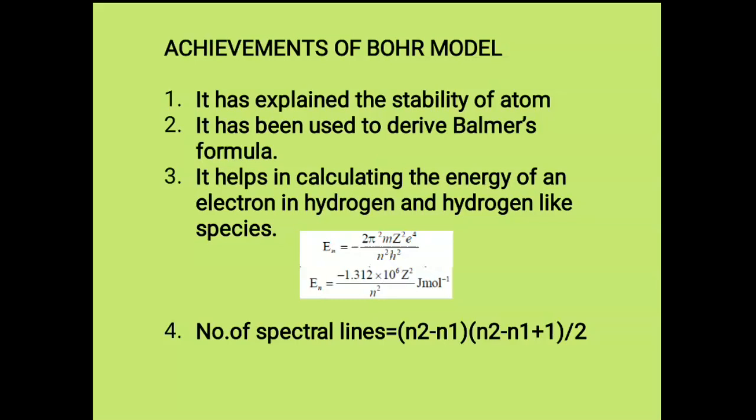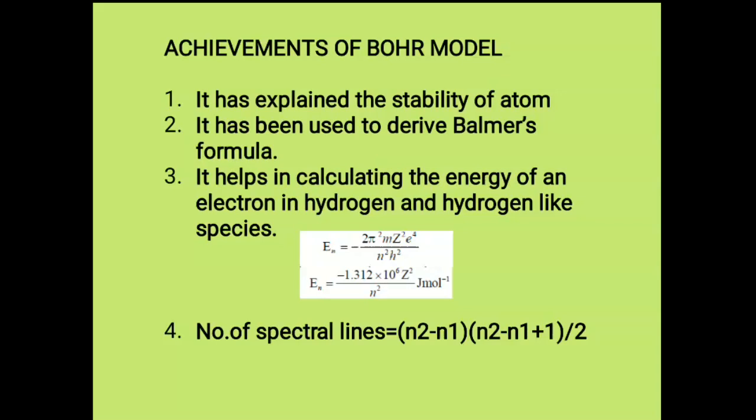Number 4, it helps in the calculation of the number of spectral lines when an electron jumps from any higher shell to the lower shell. The number of spectral lines can be calculated using the formula (N2 minus N1)(N2 minus N1 plus 1) upon 2.